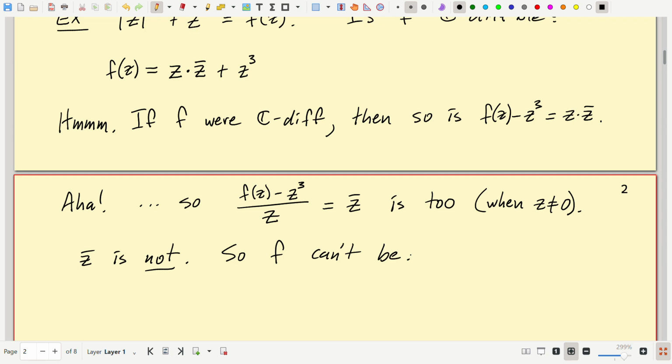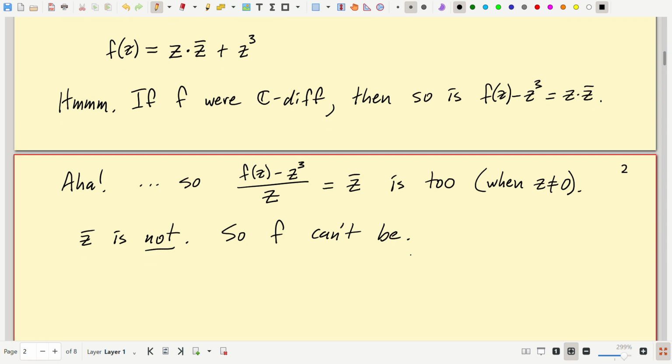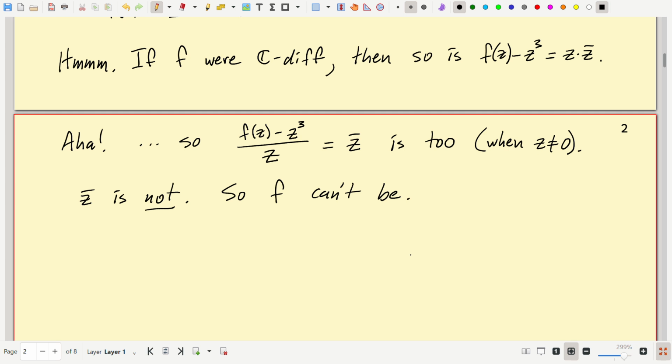The book uses, in that section, I like that book a lot, but I certainly don't like that little section there. It goes through a song and dance, which I don't really approve of, about complex functions that are admissible.